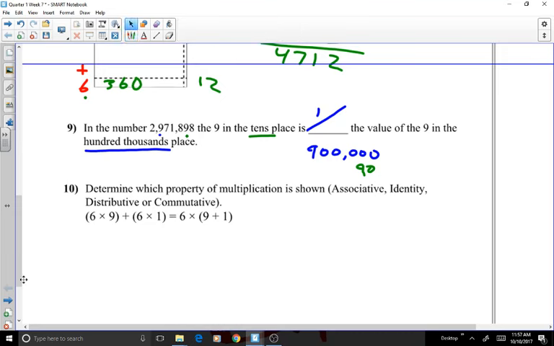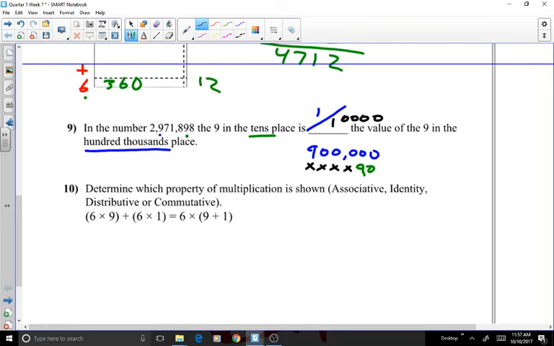And then you count how many spaces you need to move. 4 spaces means 1, 2, 3, 4 zeros. Again, 1/10,000 the value. Couple different strategies for you there.